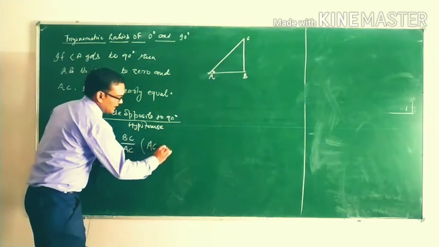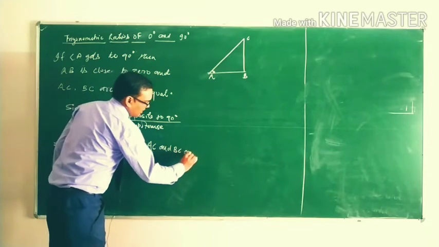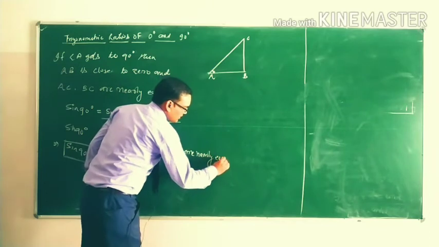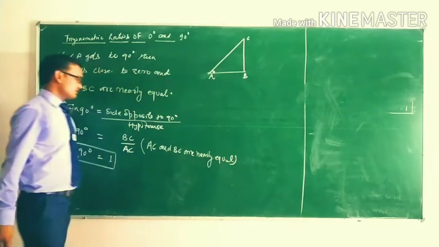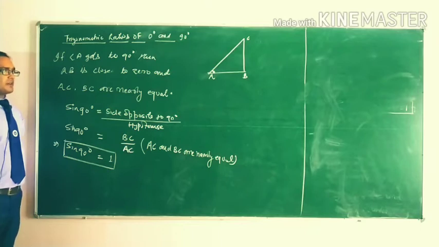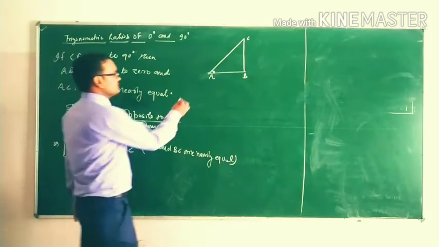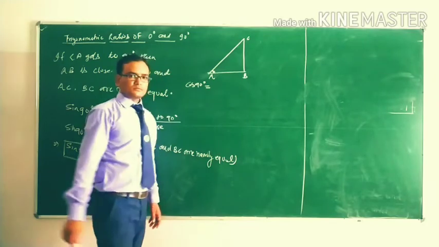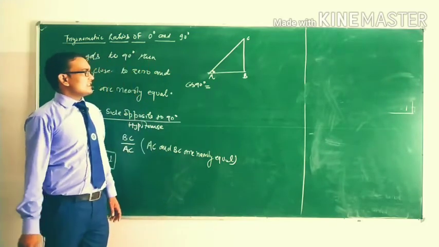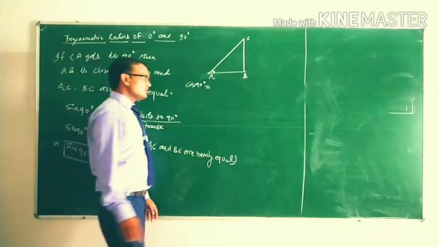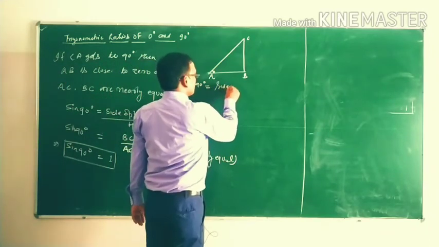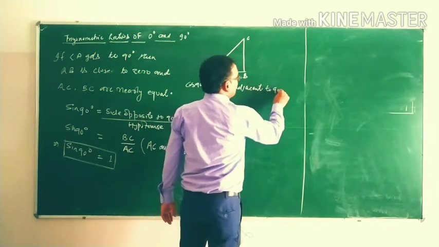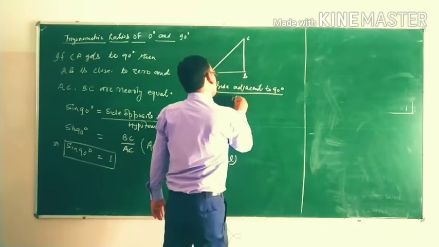AC and BC are nearly equal. Okay students, now further we find the value of cos 90. Cos 90 is equal to the side adjacent to 90 degrees upon hypotenuse.